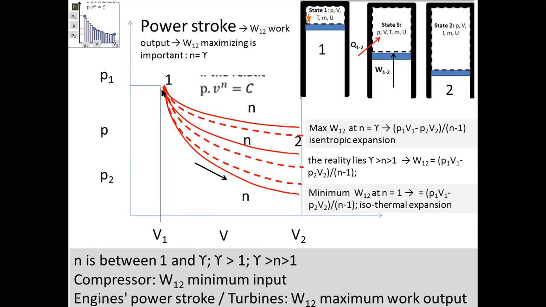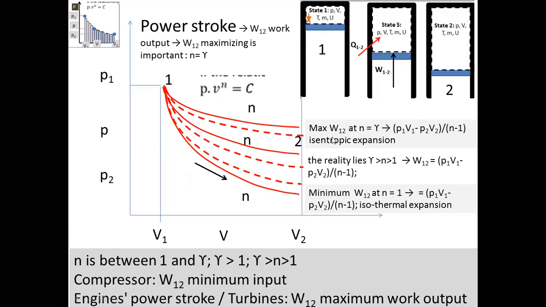The minimum work done is when n is 1. When n is 1, PV equals constant means it's a constant temperature process. We call it isothermal. So, isentropic and isothermal. In between, for expansion, anything can be for n. n is between gamma and 1.